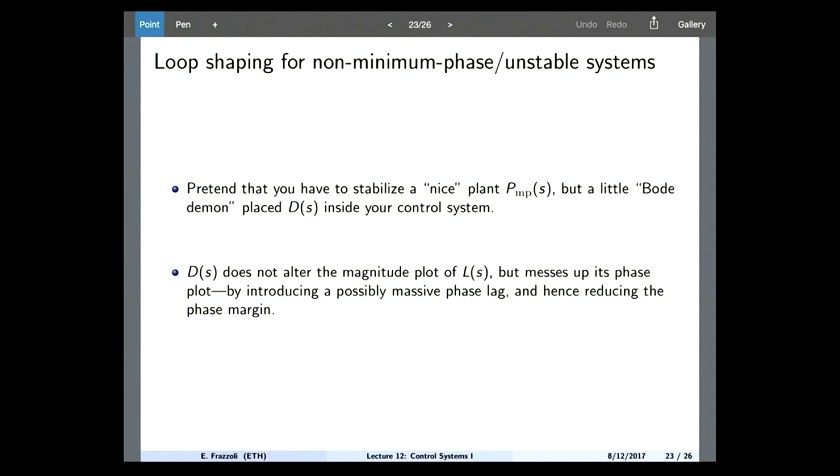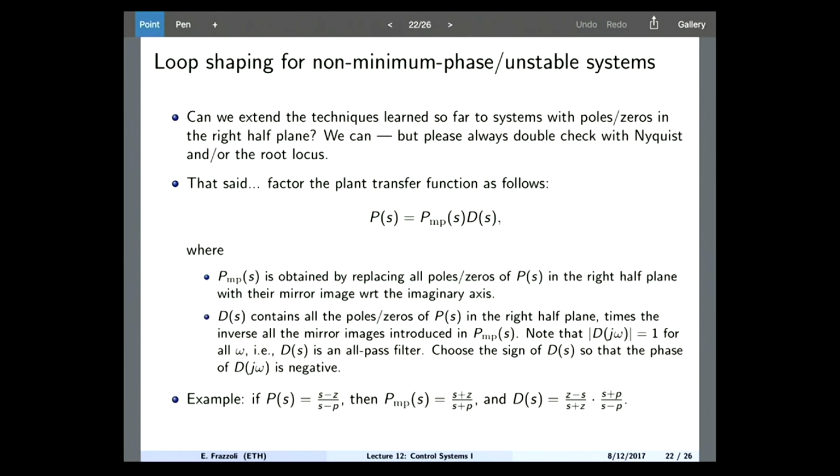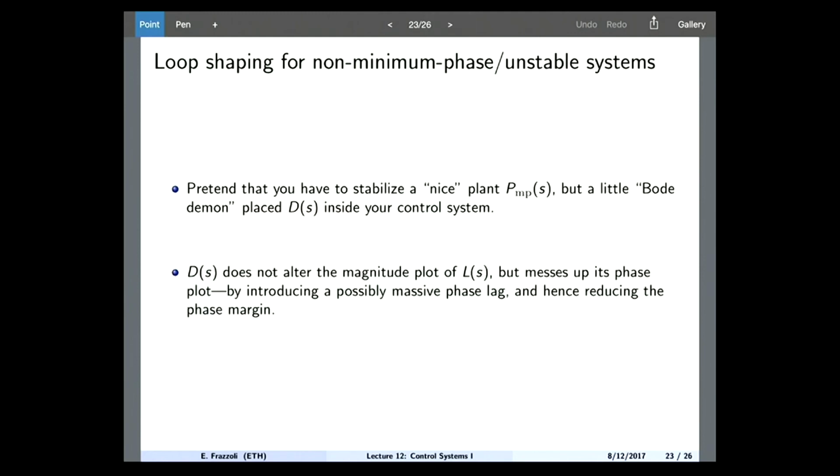How is this useful? Think about this transfer function here. This transfer function has one special property, and let's try to draw it. Let's try to understand it geometrically.